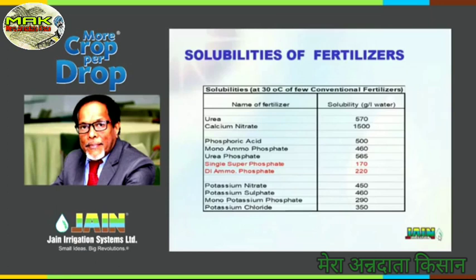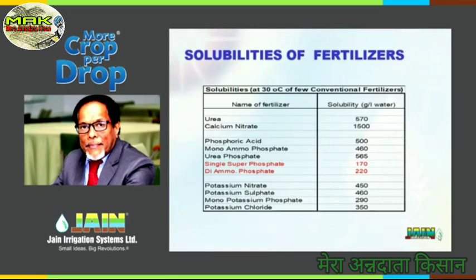The solubility in a tropical country like India will be higher because we experience higher temperature than in a temperate country in Europe, for example. So the temperature has to be noted. I have clearly given it at 30 degrees centigrade, that's the normal ambient temperature. So you can dissolve up to 570 grams of urea in 1 liter water.